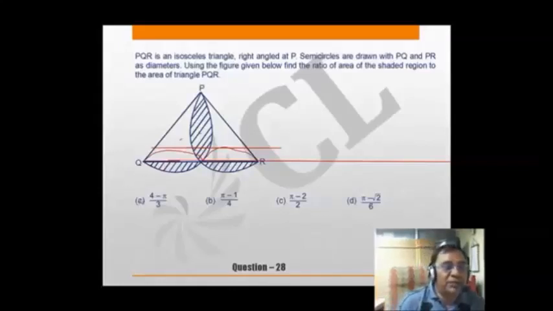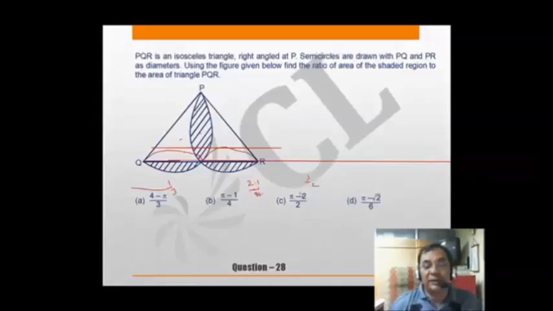4 minus 3 upon 3, so that becomes 1 by 3. No. Pi minus 1 upon 4. That means this can be the answer. Pi minus 2, that means 1 by 2.